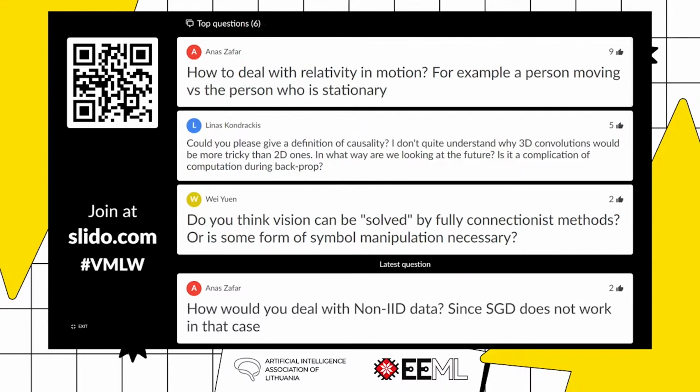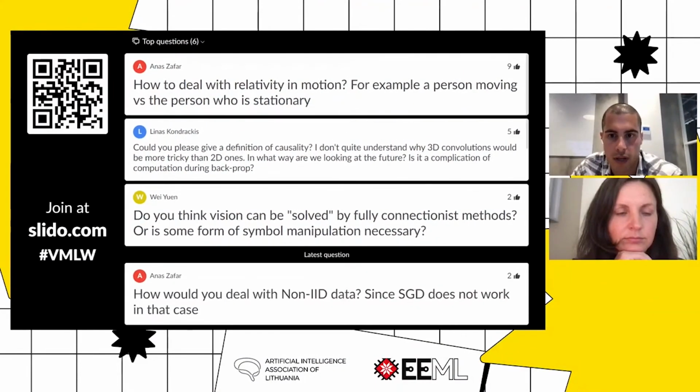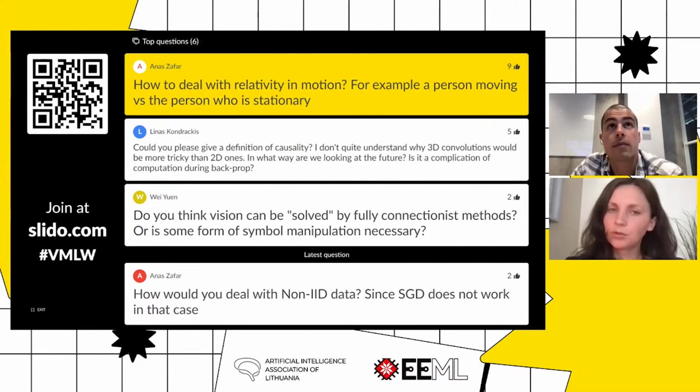The first question was how to deal with relativity in motion, for example, a person moving versus a person who is stationary. I'm not sure if this is referring to using ego motion or using an external view of the person.